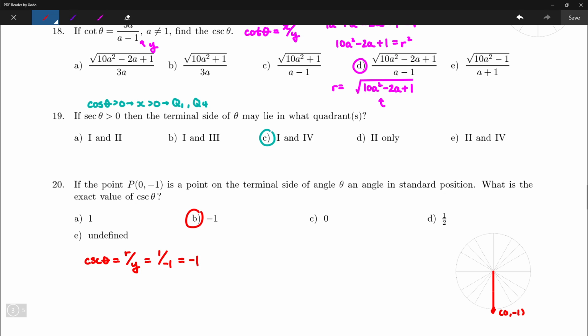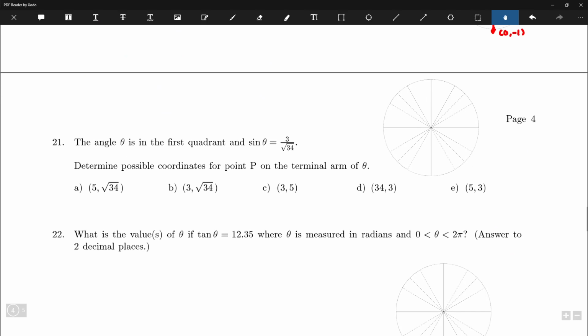So continuing on to number 21. Angle theta is in the first quadrant, and sine theta is equal to 3 over the square root of 34. Okay, so we know that this is simply y over r. So we need to find the x value. We know that the x value will be positive when we do find it, so we're going to use x squared plus y squared equals r squared.